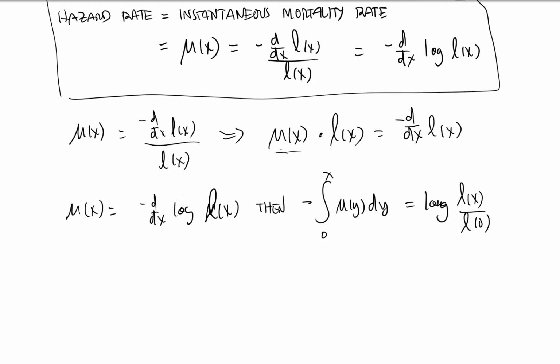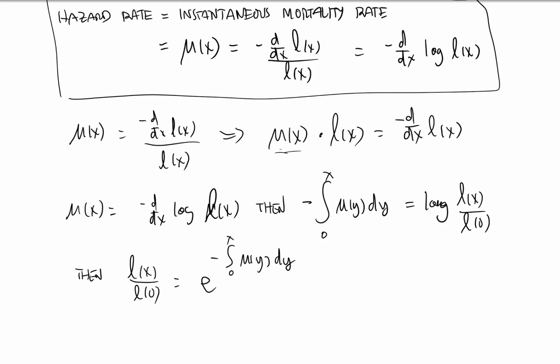So if the log of L of x divided by L0 equals minus this thing, then it must mean that L of x over L0 equals e to the minus integral from 0 to x of mu of y dy.